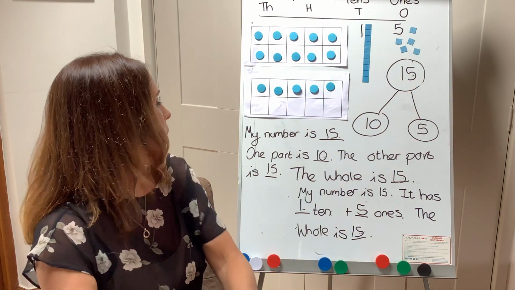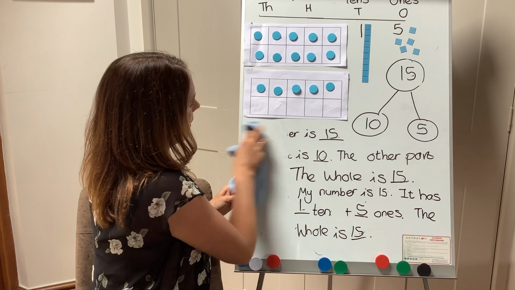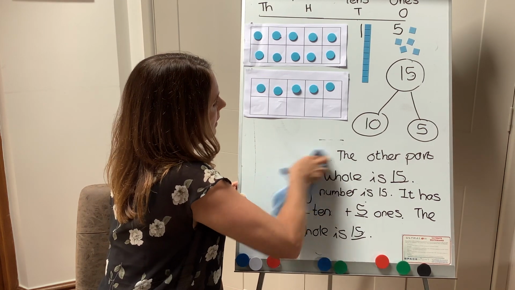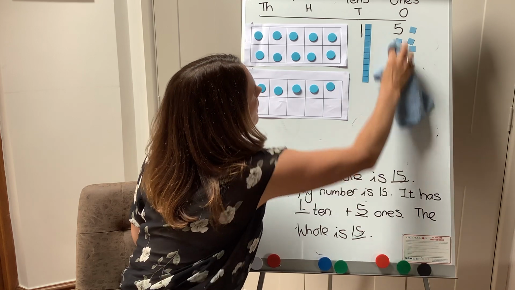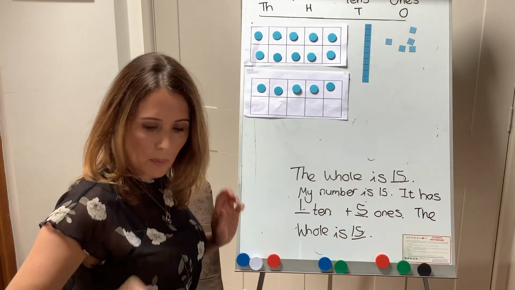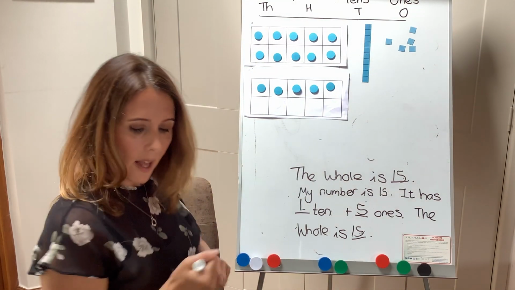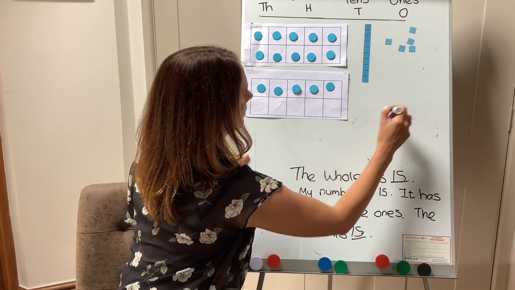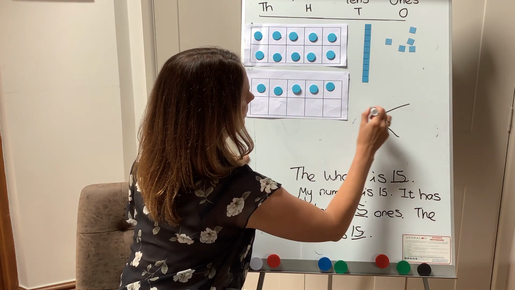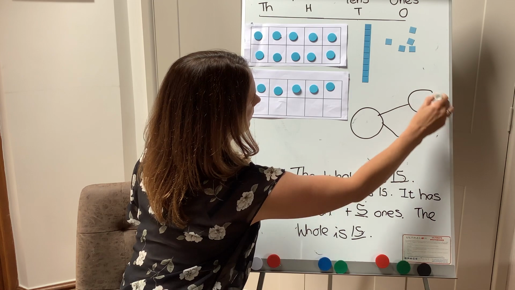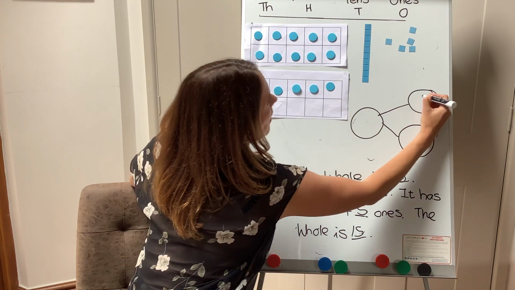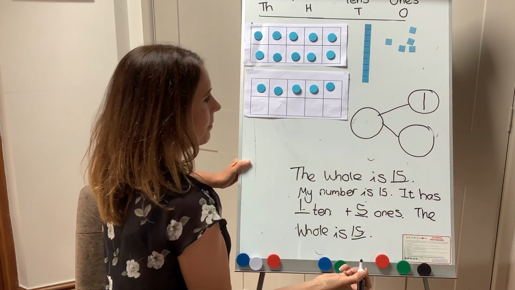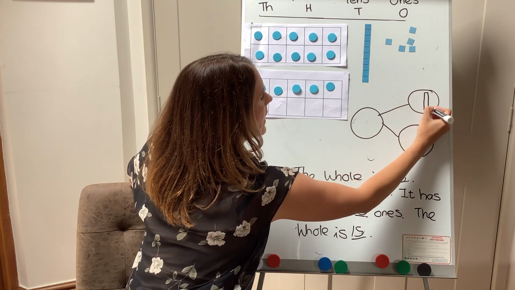Okay, try one more. This time we don't need this first sentence. We will use a different one. So, this one. I've got a 10 stick there, so that's not a 1, that's a 10 stick.